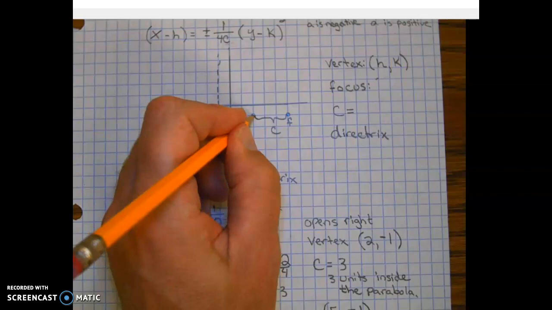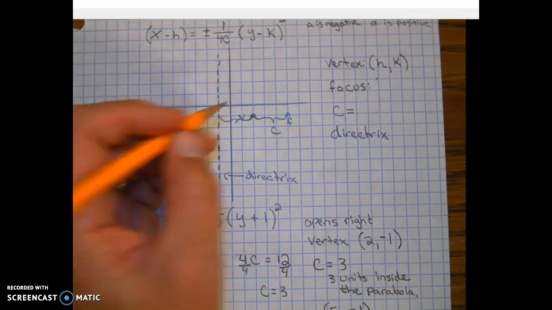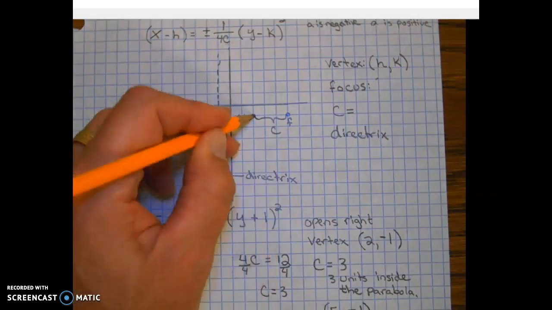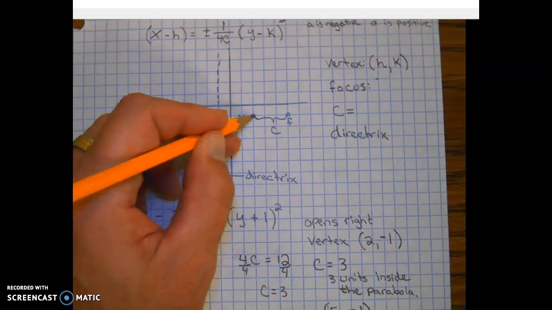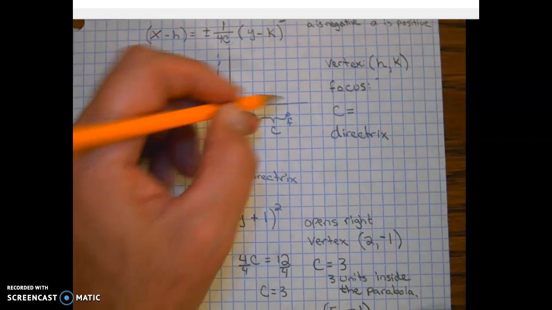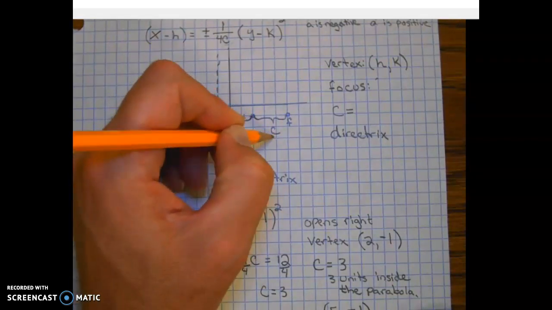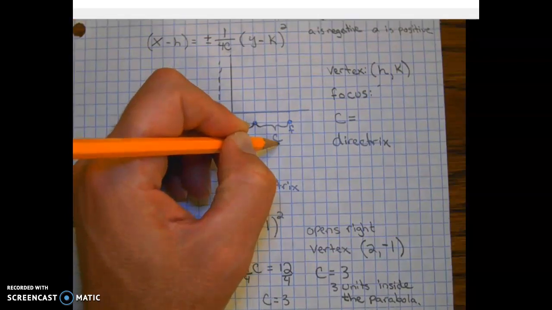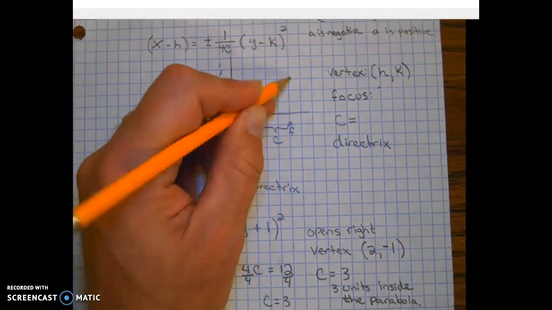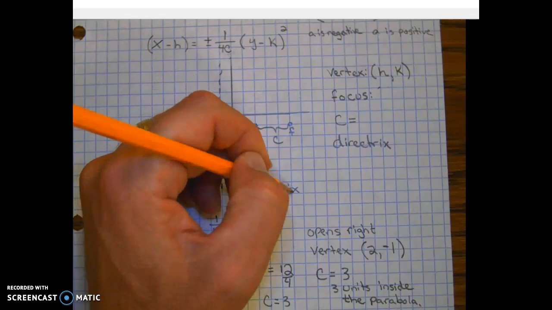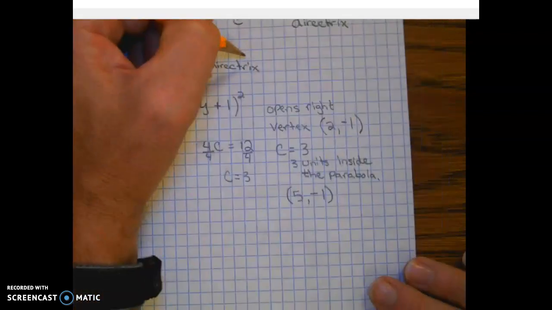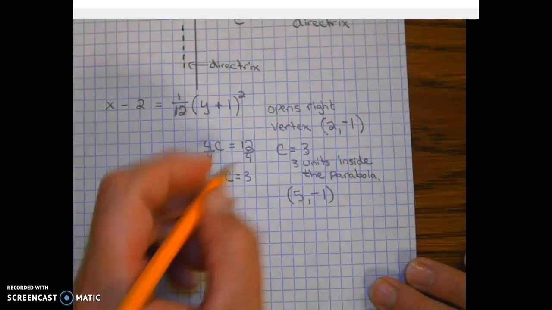So, if we want to sketch our parabola, we need at least 2 more points other than the vertex. To get 2 more points from the focus, if we multiply the C value by 2, we will get another point up and another point down. So in this case, we would multiply 3 times 2.